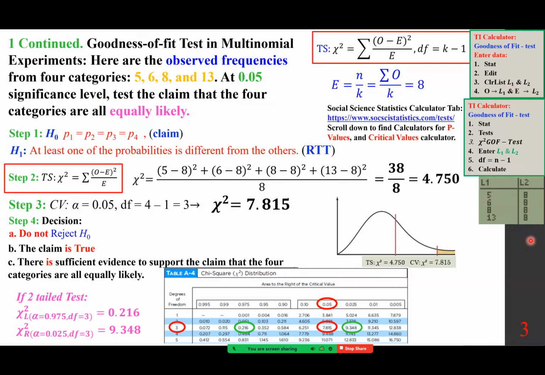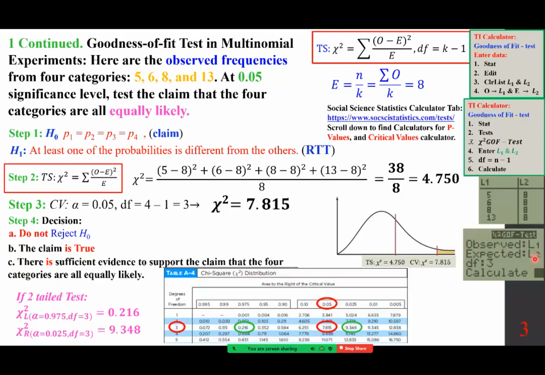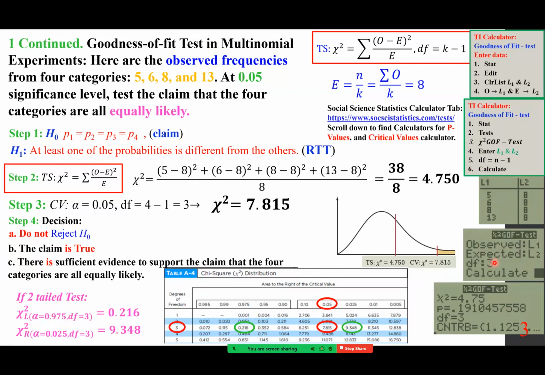And we go with the chi-squared GOF, goodness of fit test. It picks up L1 and L2, or if you put it in different lists, you can list them as follows. Degrees of freedom is k minus 1. You know it to be 3. And when you do the calculation, it does the calculation for you.